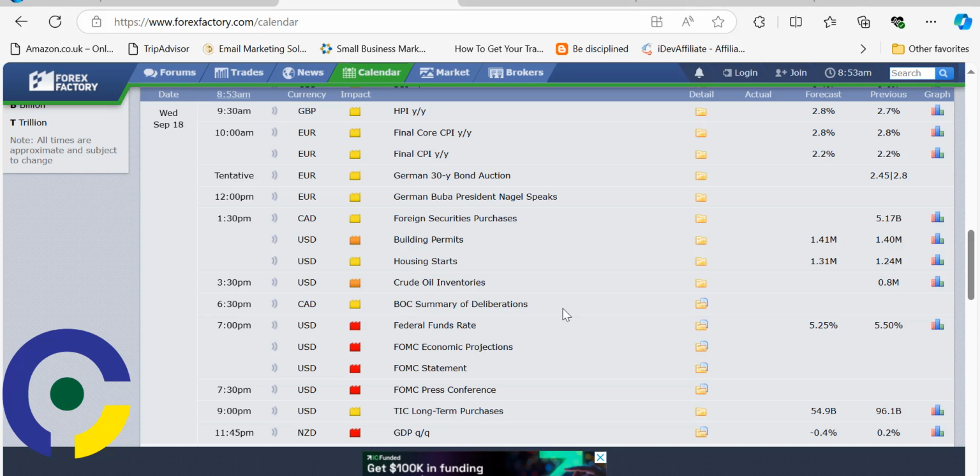Most probably at 7, the rate cut event, if it comes out at the same number that is forecasted, which is 5.25%, most likely we'll see the USD dropping some weight, reducing in value. So you want to sell it at that time.